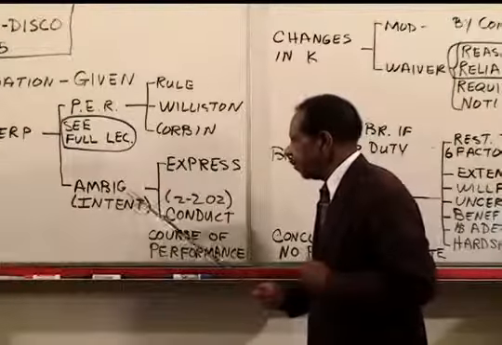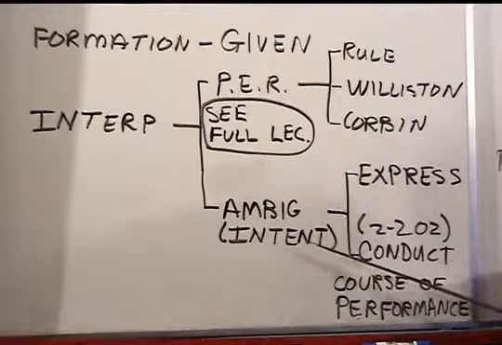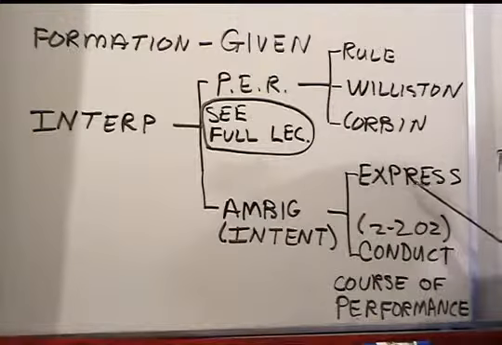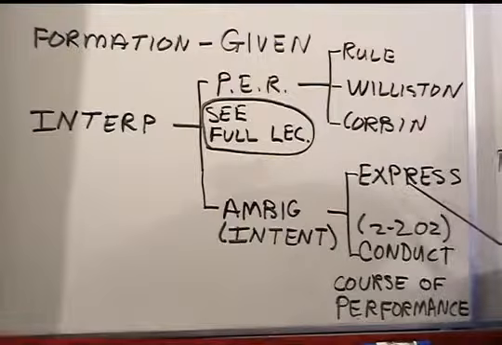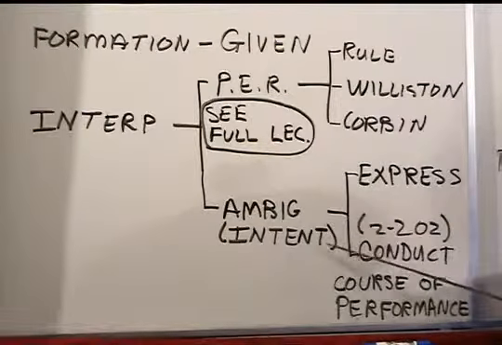So to clarify an ambiguity, the basic rule is to try to determine the intent of the parties. The intent can be expressed, and if the intent is expressed, then of course you use it. But if they did not tell you what their intent was, then you try to figure it out.